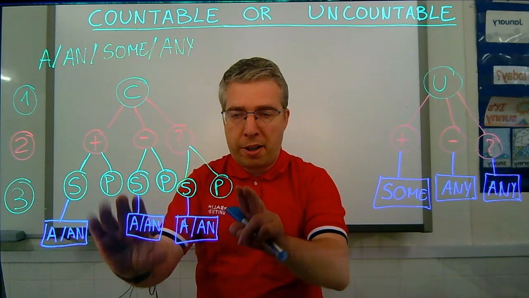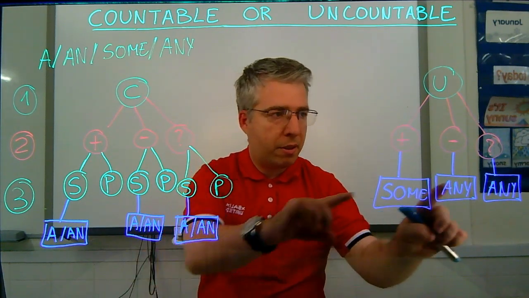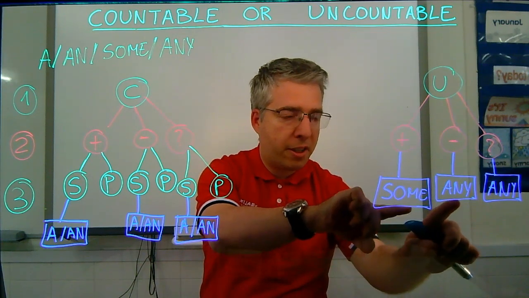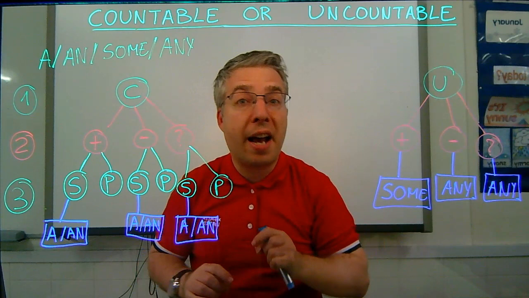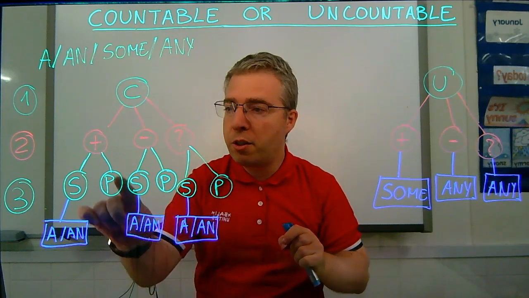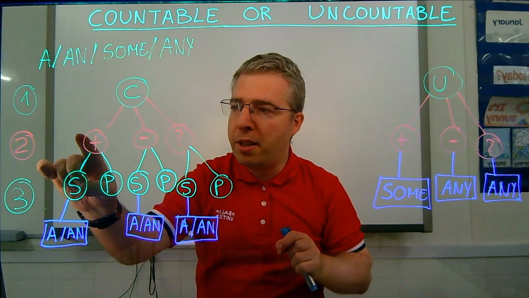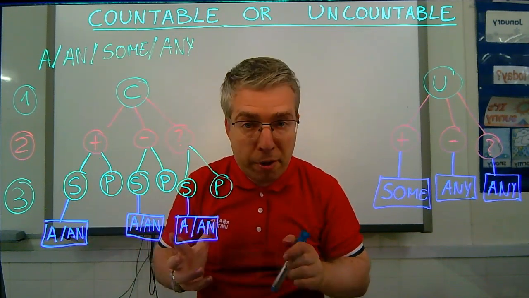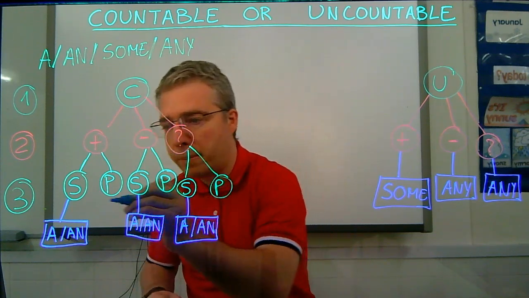And if it's plural, we've got the same options that we had if the noun wasn't countable. So, is a word that is countable, is affirmative, and is plural? We use some.